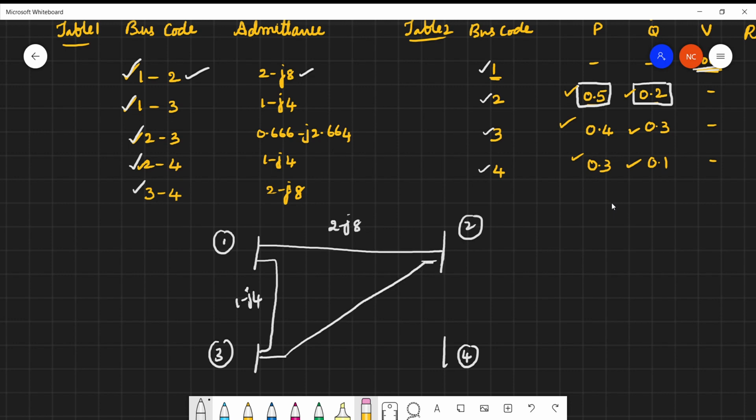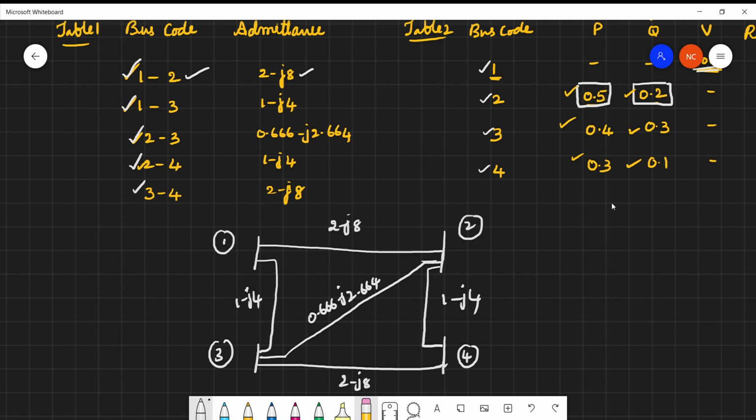The 2 to 3 connection has a value of 0.666 minus j2.664. Then a 2 to 4 connection is there, whose value is 1 minus j4. Next, a 3 to 4 connection is there, whose value is 2 minus j8.